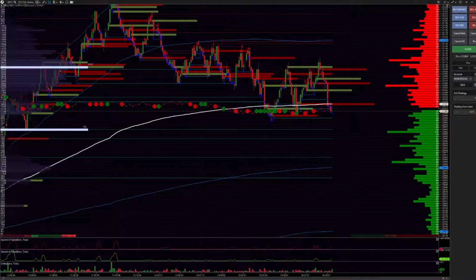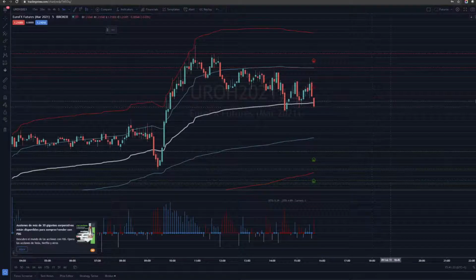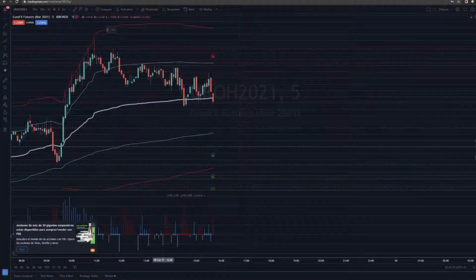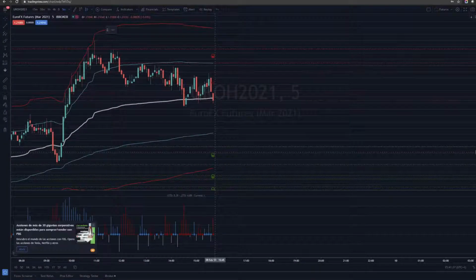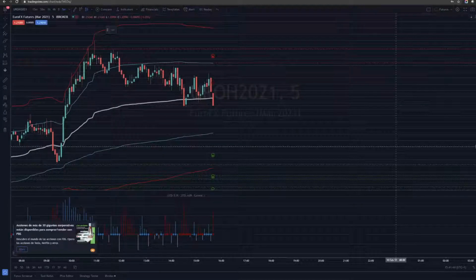Let's verify with TradingView again, so we can see exactly which price is showing us the buying zone. So we can see here it's at 1.208025.